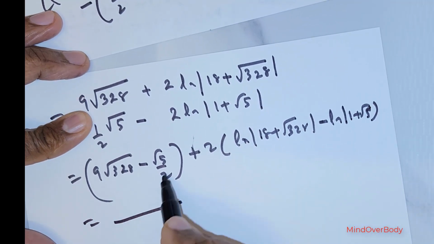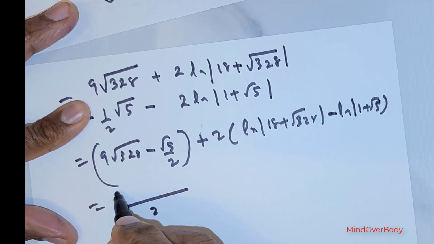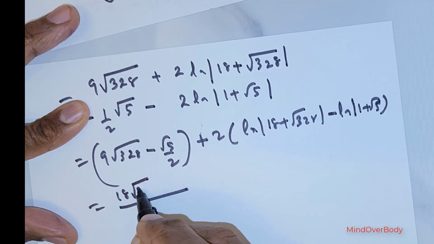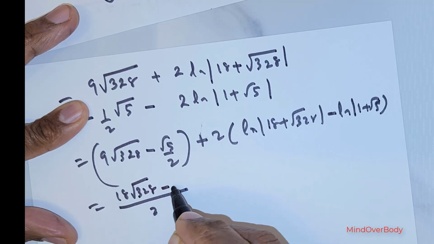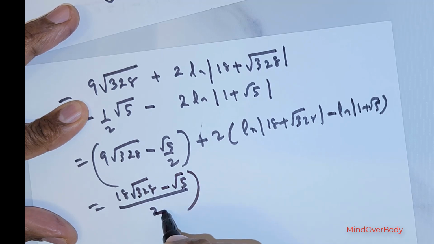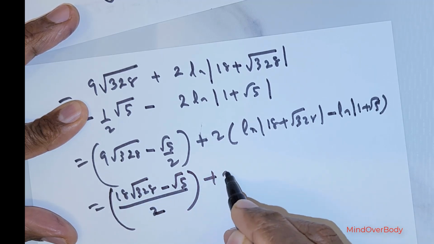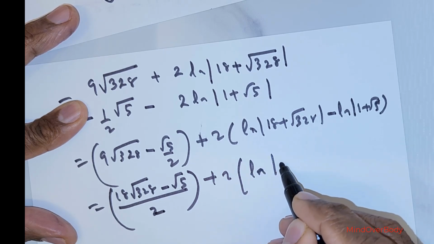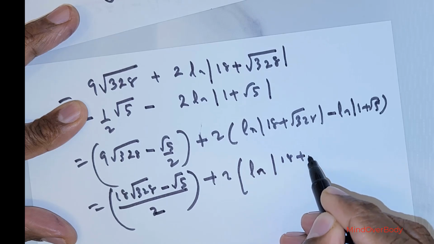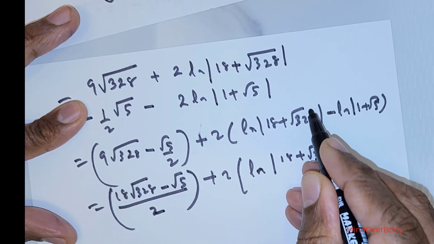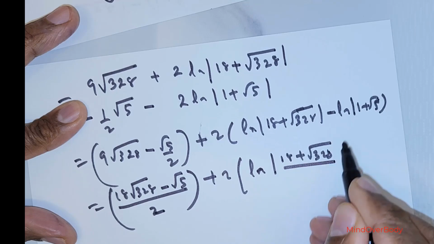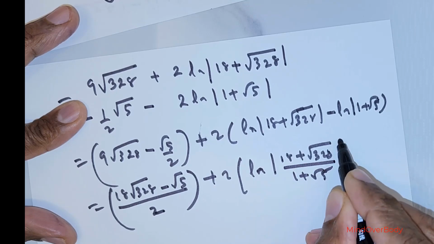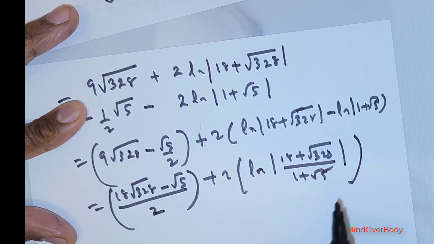So this 2 is the LCM here. 9 twos are 18 times root of 328 negative root of 5, that's the value there. Plus 2 times ln A minus ln B. So it's going to be ln modulus of 18 plus root of 328, divided by 1 plus root of 5. Right, this is what we've got.